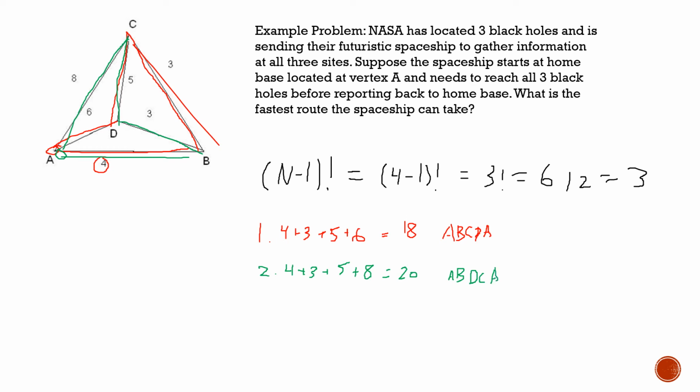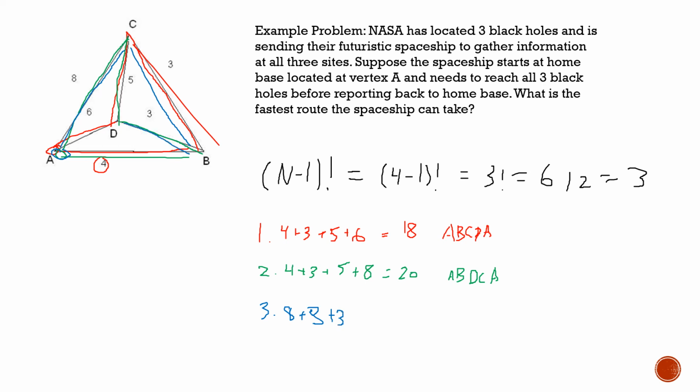And to make sure not to count this reverse circuit, finally we can find the last circuit where we can start from A as our home base. We can go to C. That gives us plus 8 for our weight. And from C, we can go to B, plus 3. And from B, we can go to D, plus 3 again.